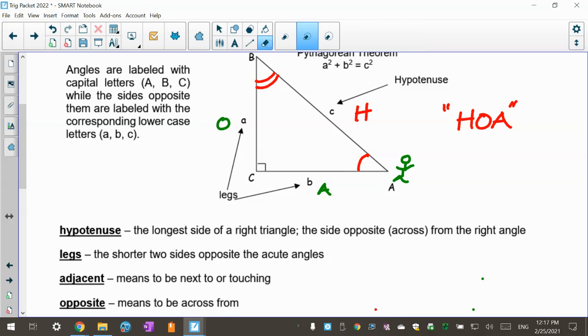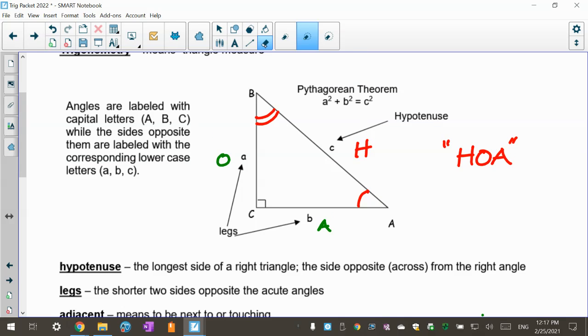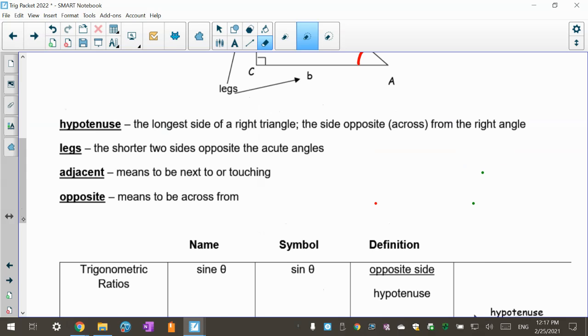Now, if I'm talking about angle B, you have to put yourself up here and look across. Your O's and A's can switch positions depending on what angle you're talking about, but your hypotenuse never will. So opposite angle B would be this side, and A is this way. It all depends on what angle you're talking about for your opposite or adjacent, but your hypotenuse will always be across from the right angle, okay?